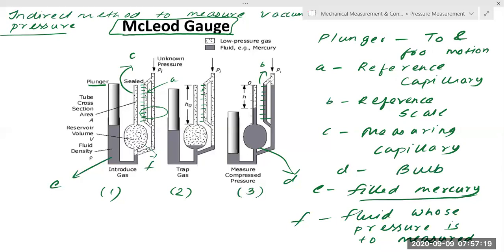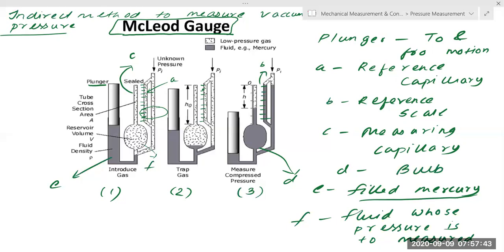The third part is the sealed part, which I called C, the measuring capillary. Below the measuring capillary is a bulb. Then the dark part is filled mercury or any fluid, and the dotted part in the gauge is the fluid whose pressure we want to measure.